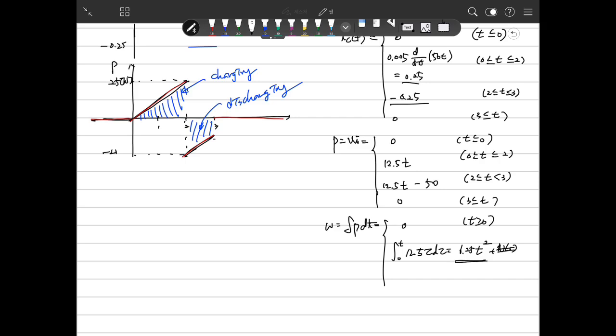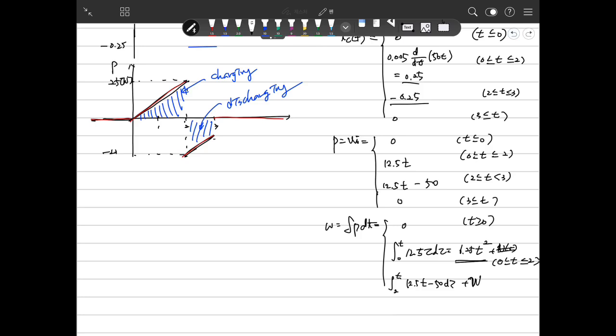And in the case of here, this will be 0. In the third case, the integral is from 2 seconds to t, and the power is here, 12.5 tau minus 50 tau, plus w(2).